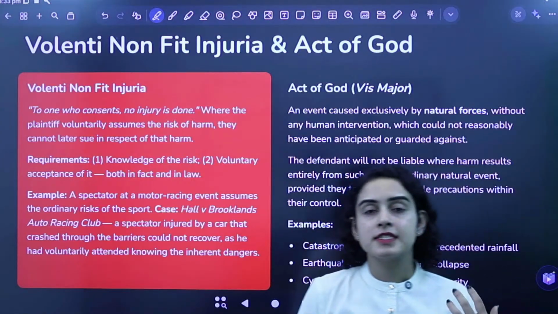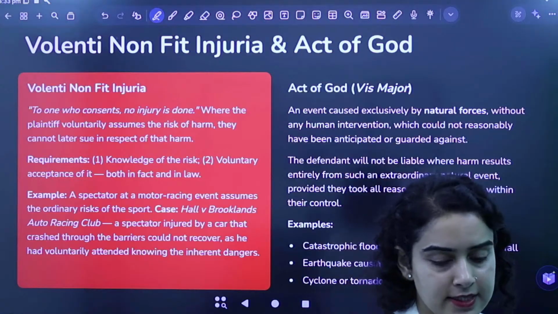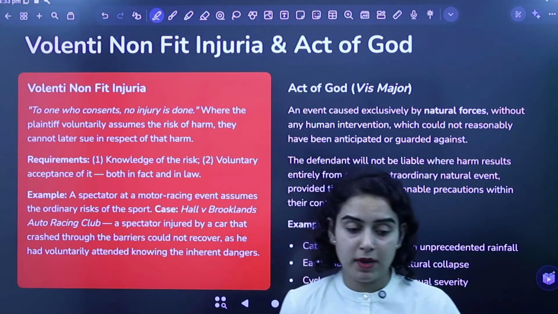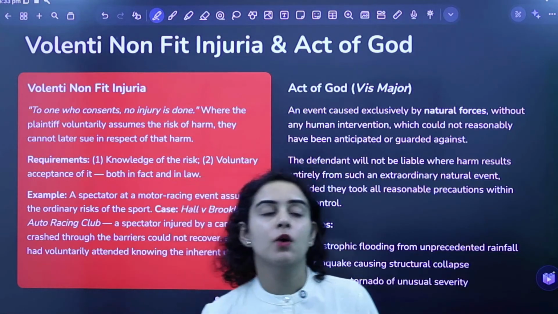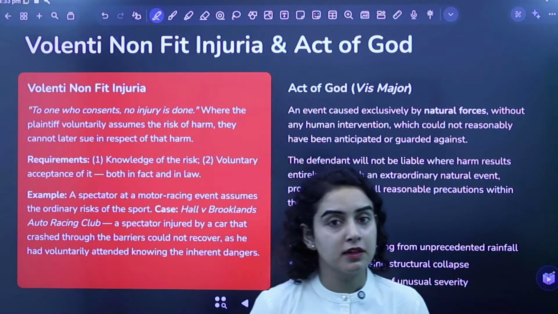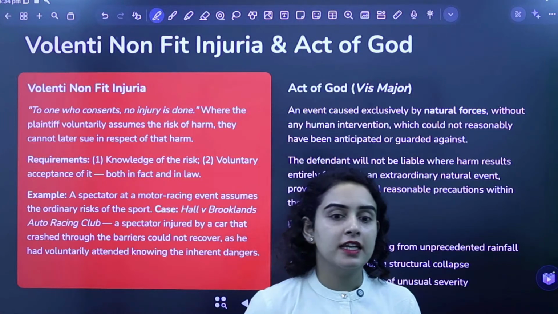Yani ki if you're consenting to the wrong. For example, you are sitting in a cricket stadium, right? You really like watching cricket matches and you want to watch the match live, and you are sitting there in the cricket stadium watching it live. Now, as a spectator, there is always a possibility that your favorite batter hits a six and the ball comes and hits your head, right? In that case, you get injured.